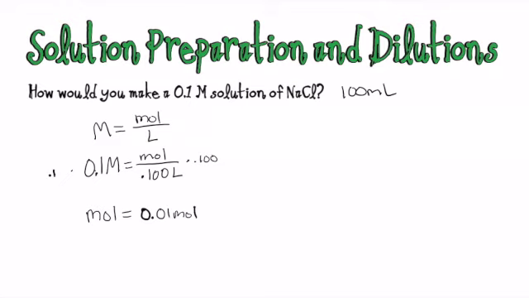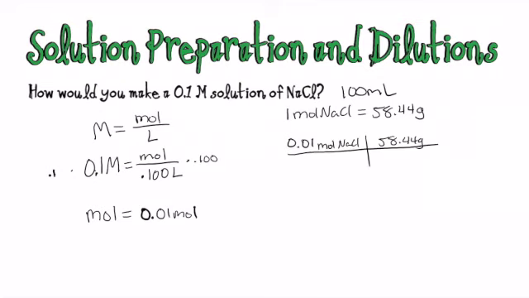So now we multiply by the molar mass of NaCl. So 1 mole of NaCl is equal to 58.44 grams. So we started with 0.01 moles times 58.44 grams, which is 0.5844 grams of sodium chloride.